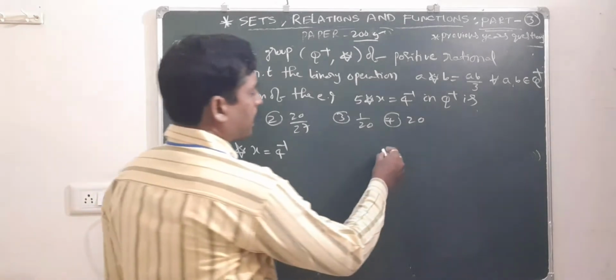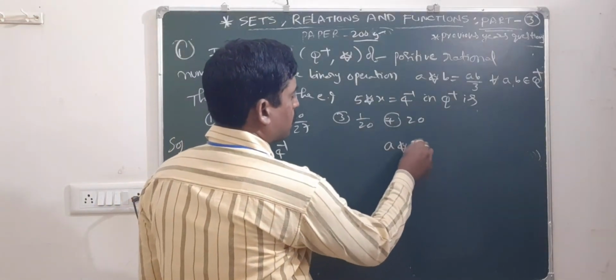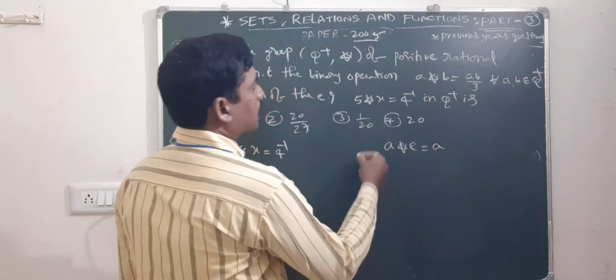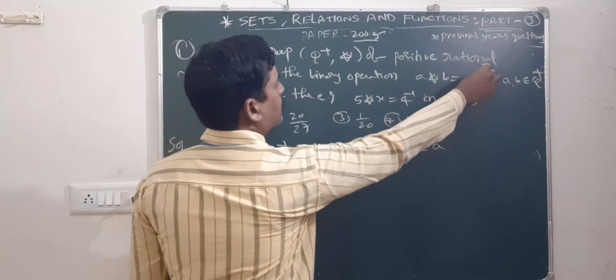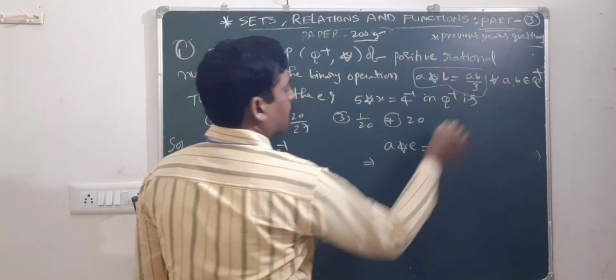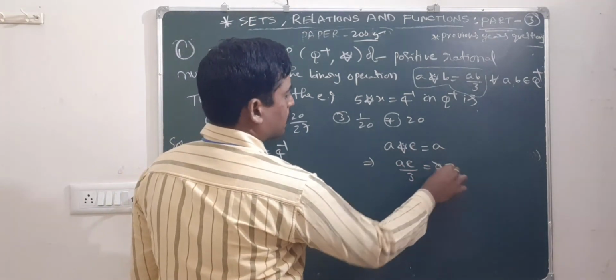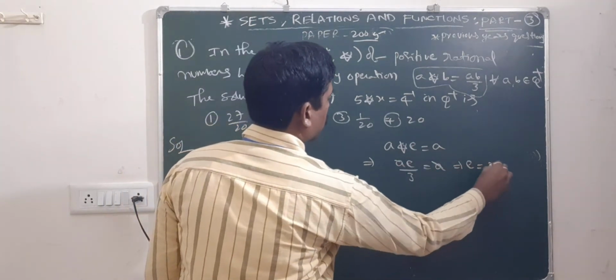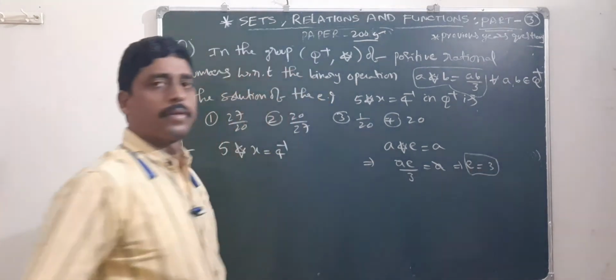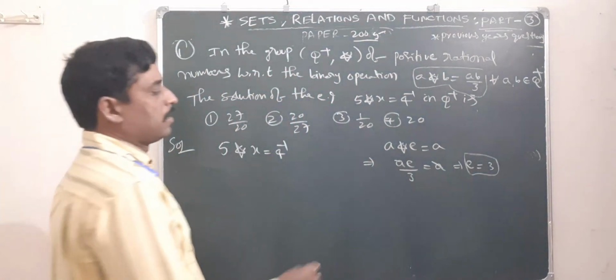So what is the identity element? Property: a star e is equal to a. So a star b is defined as ab by 3. A star e, ae by 3 is equal to a. Now a gets cancelled, e is equal to 3.